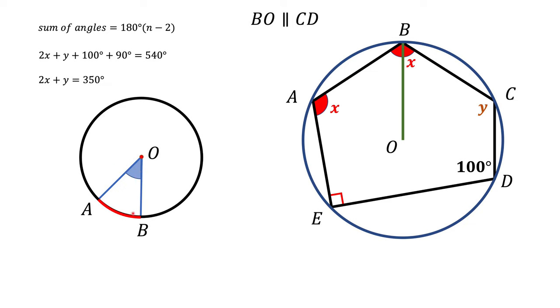Now I'm going to choose a point C anywhere on the circle outside this arc AB. And now this angle ACB is going to be an inscribed angle. These two angles, this green inscribed angle and this blue central angle, are related to each other. It turns out that the inscribed angle is half the central angle.